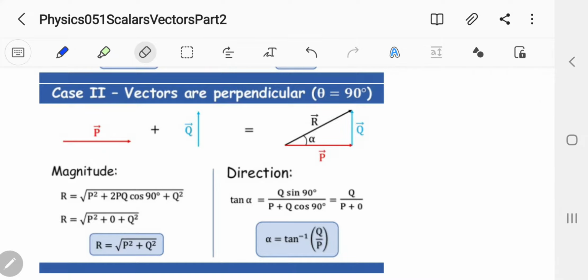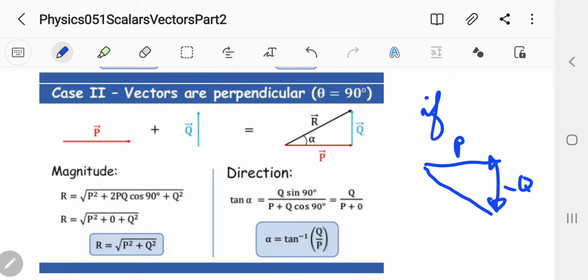How about if p is positive, going here, and your q is negative? What is your alpha?